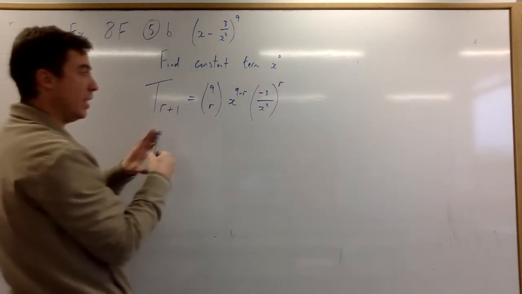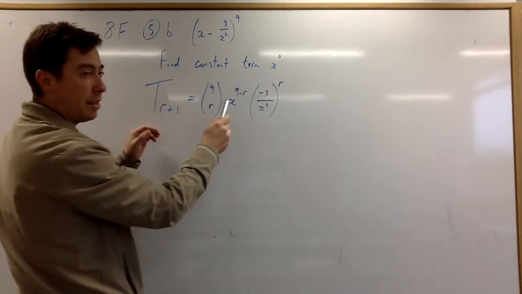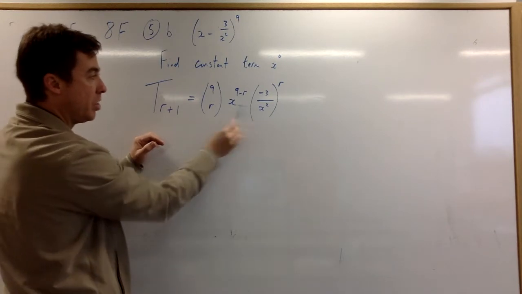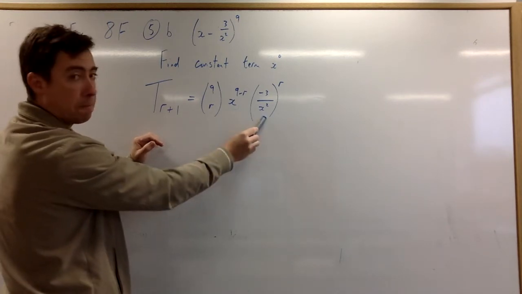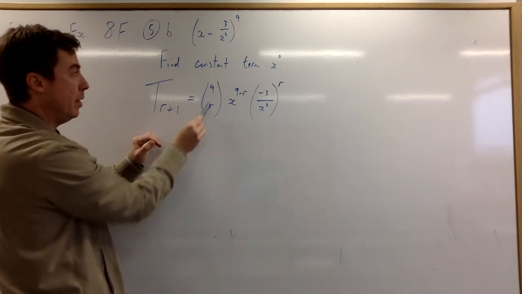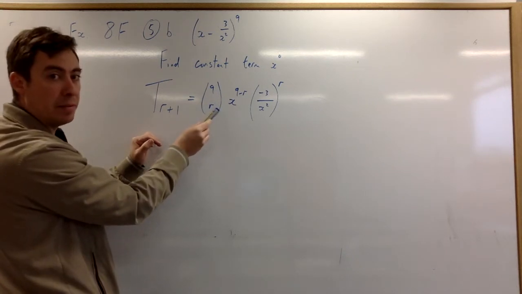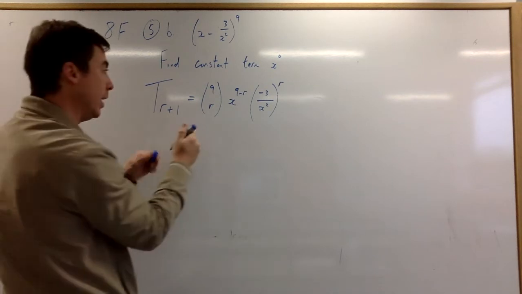So I can see that x to the power of 0 is going to have to come from these two bits here. I can forget the 9 choose r. That's just some number. I'll come back to that later.